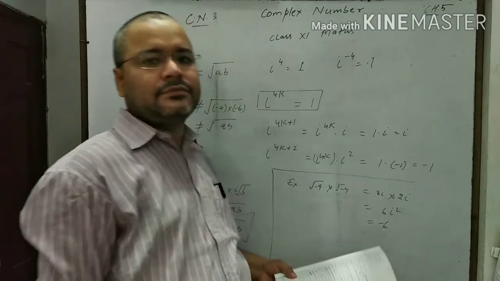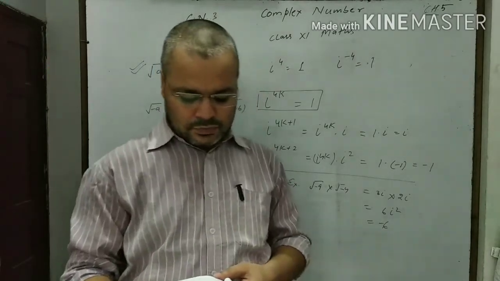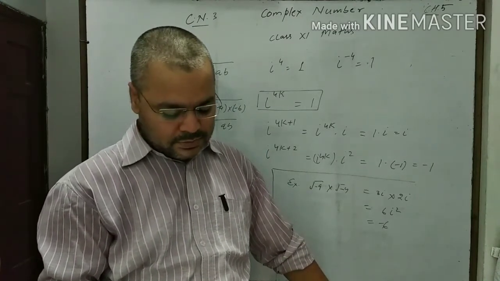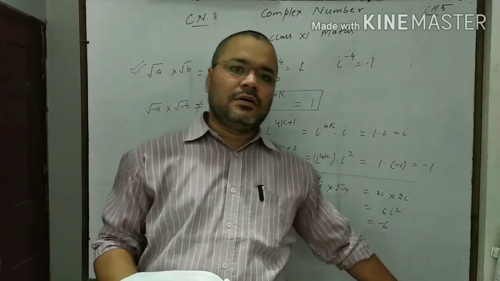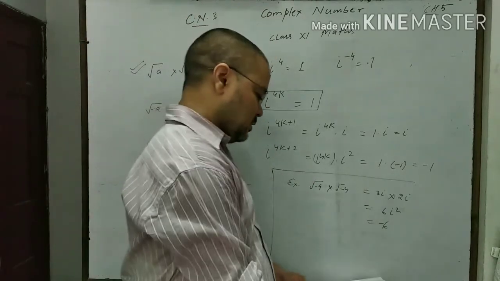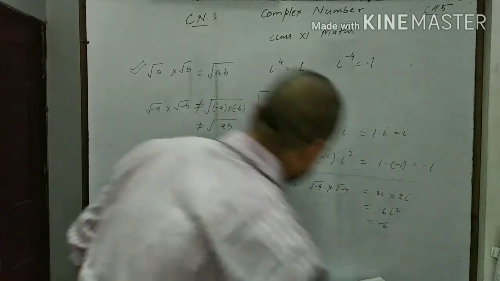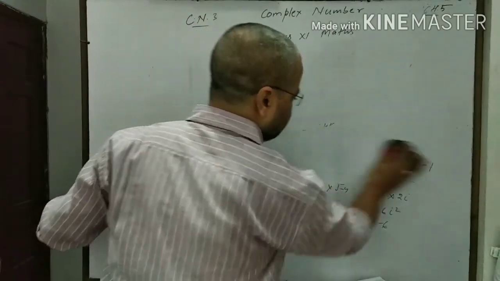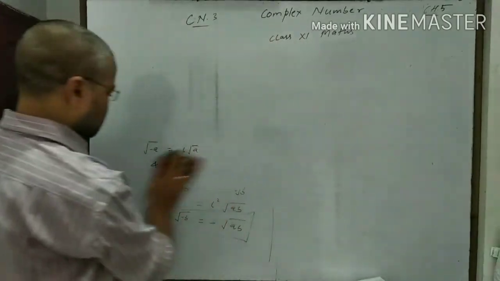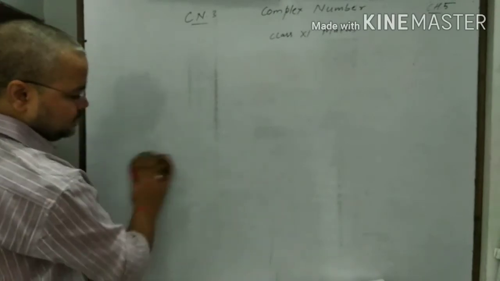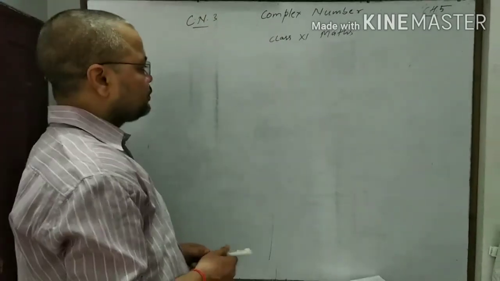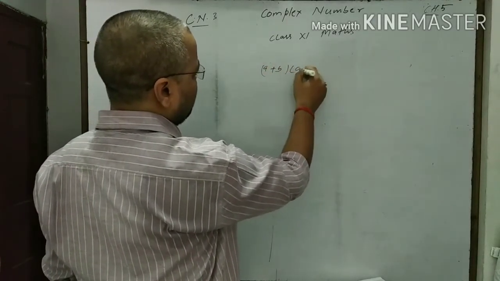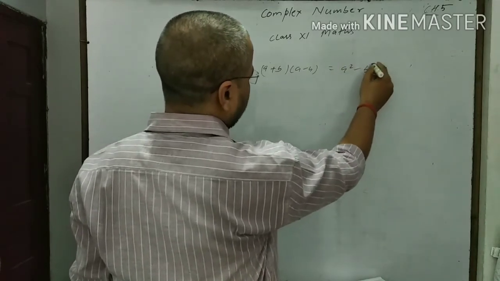Now the identities are given. The square of the addition of two complex numbers, the square of the subtraction of two complex numbers, and just like that, the cube of the addition of two complex numbers, the cube of the subtraction of two complex numbers. Just like here we know that a plus b into a minus b is equal to a square minus b square.